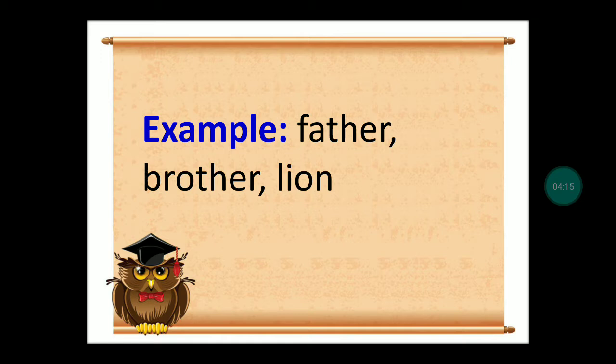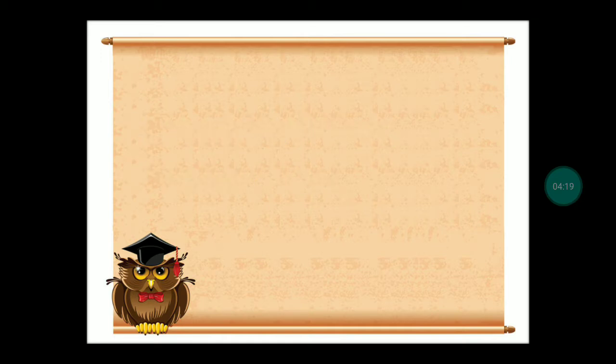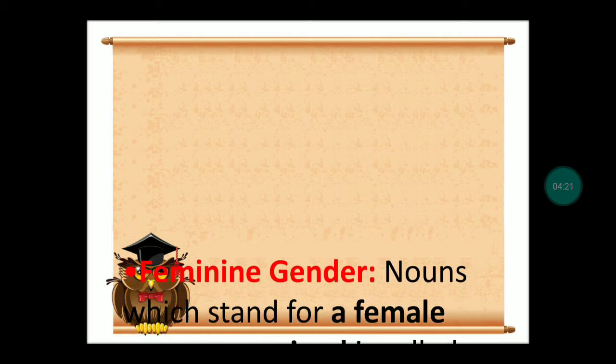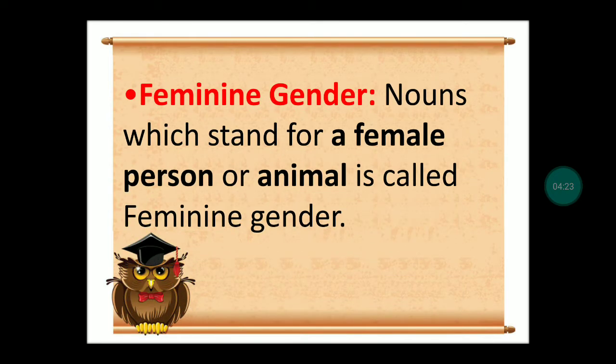Okay. So now we will see the second kind of gender, that is feminine gender. Feminine, this word itself talks about female. So feminine gender, nouns which stand for a female person or animal is called feminine gender.